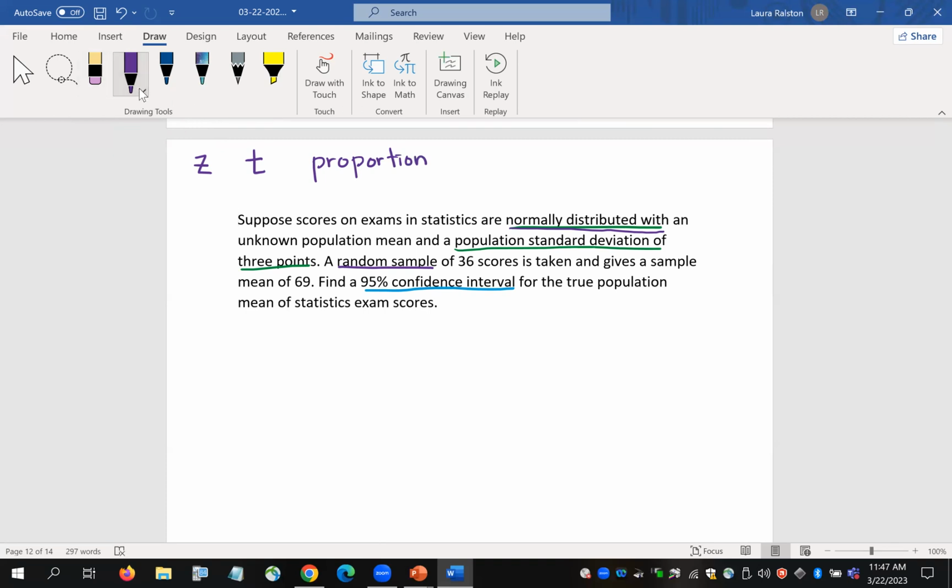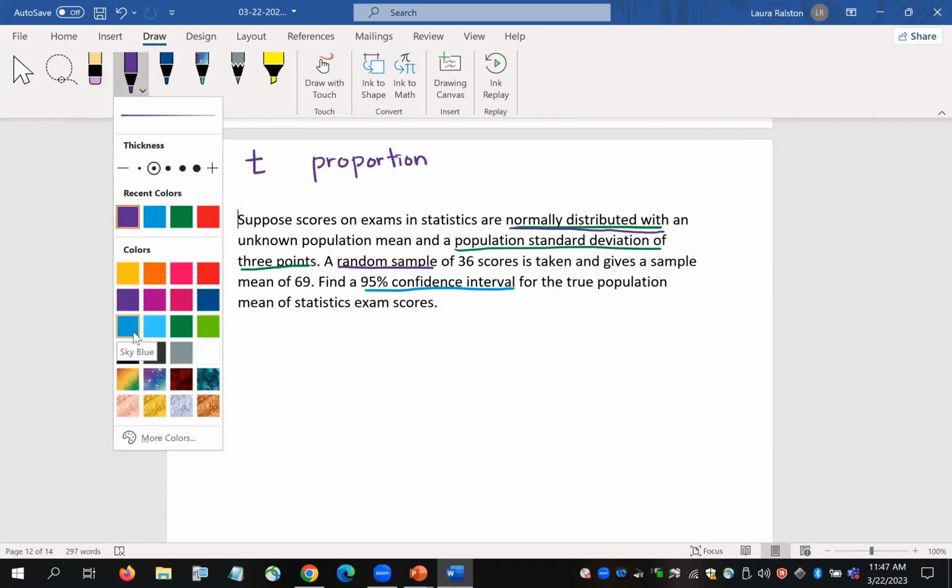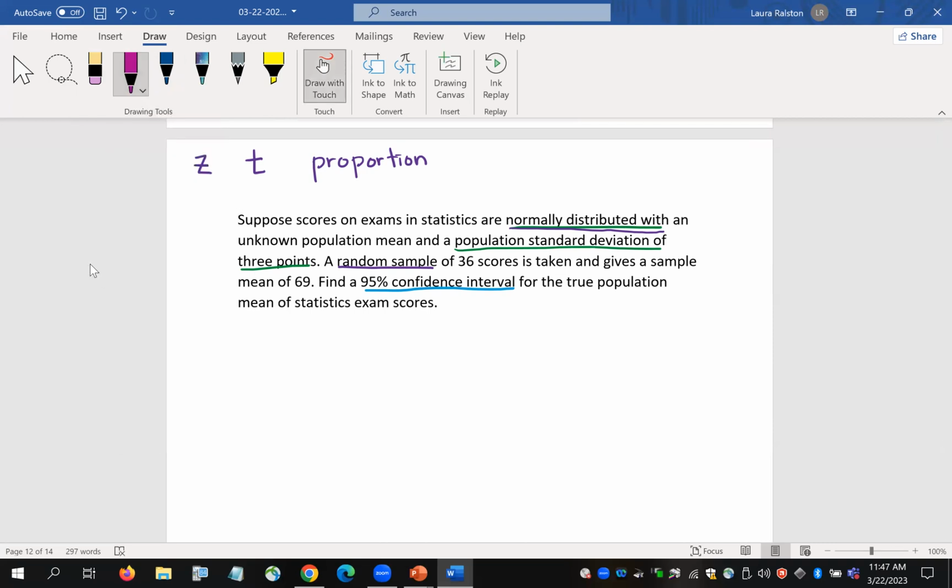But I can rule out using a proportion, because when I look at this, it says for the true population mean. So I can rule out proportion because this question is about a mean. So I really need to decide between Z and T.